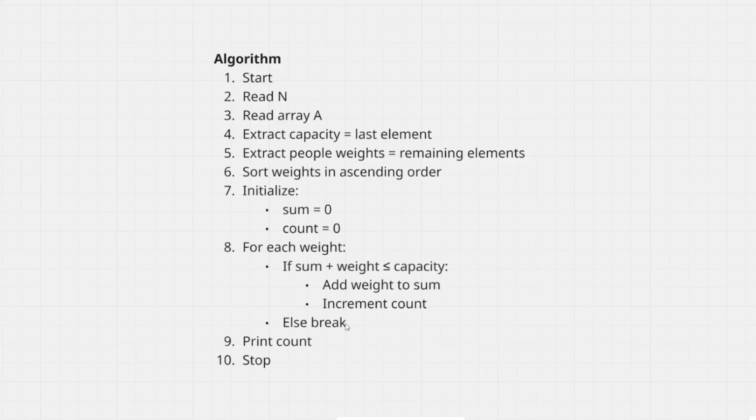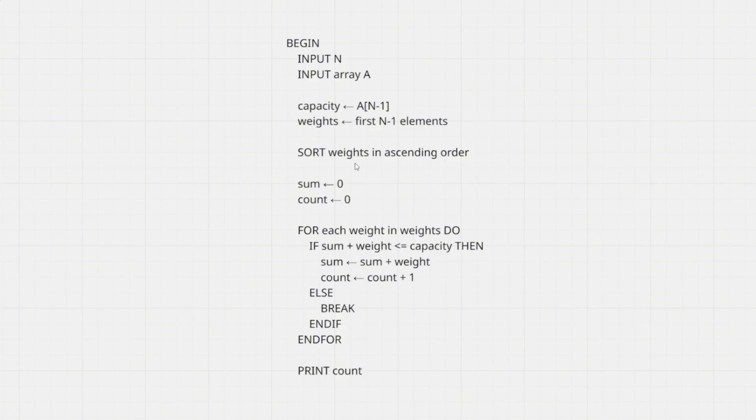Sort weight in ascending order and initialize sum equal to 0 and count equal to 0. In a for each loop, if sum plus weight is less than or equal to capacity, then we add the weight to sum and increment the count. Else we break and print the count.